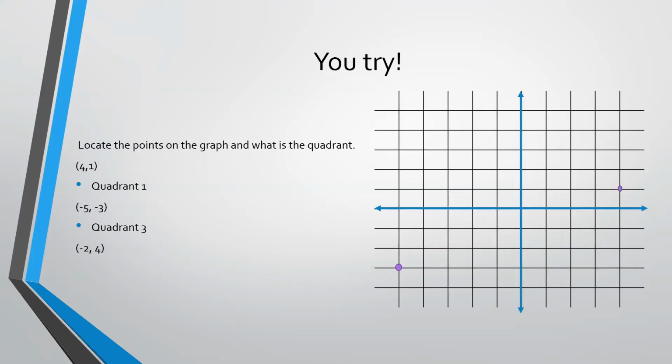The third point, -2 and 4. If this is your answer, then you are correct. Now, what quadrant is this located in? If you answered 2, then you are correct.